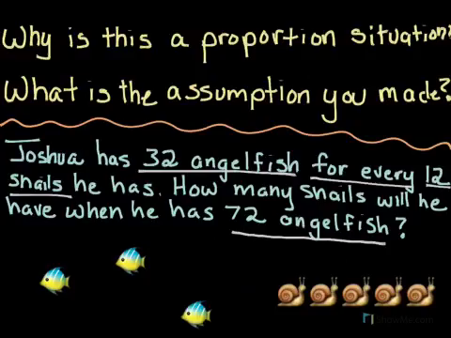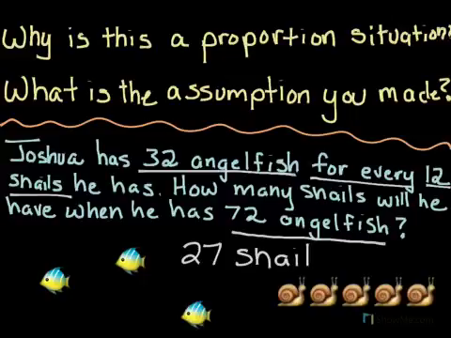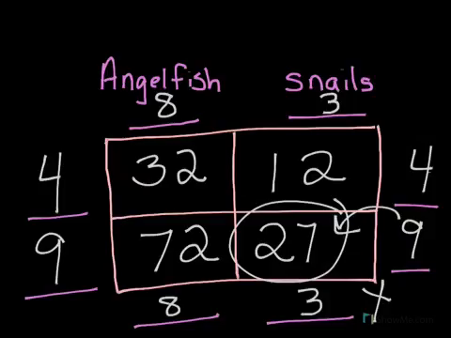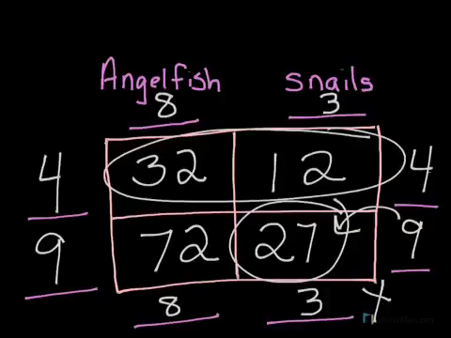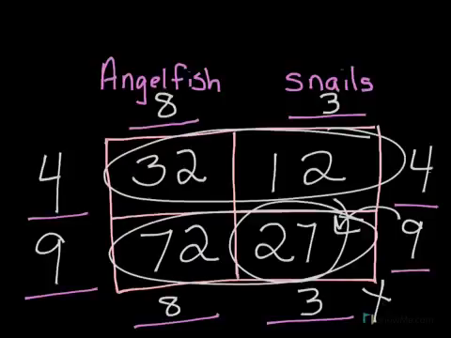So let's go back. My answer is 27 snails, but I have 2 questions to answer. First of all, why is this a proportion situation? I know it's a proportion situation because the ratios are, in fact, equal.